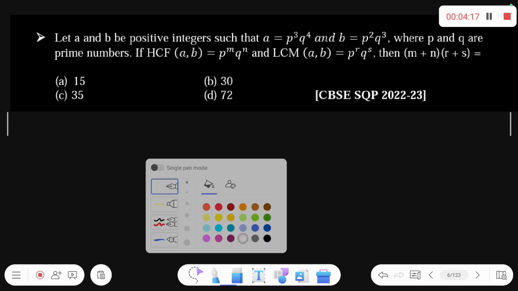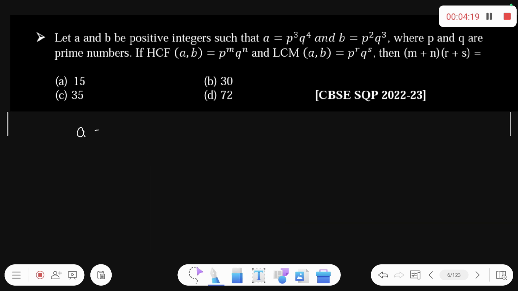Here, your A number is P raised to power 3, Q raised to power 4, and your second number is P square, Q raised to power 3. When you take HCF of A and B, you have to choose smallest powers.